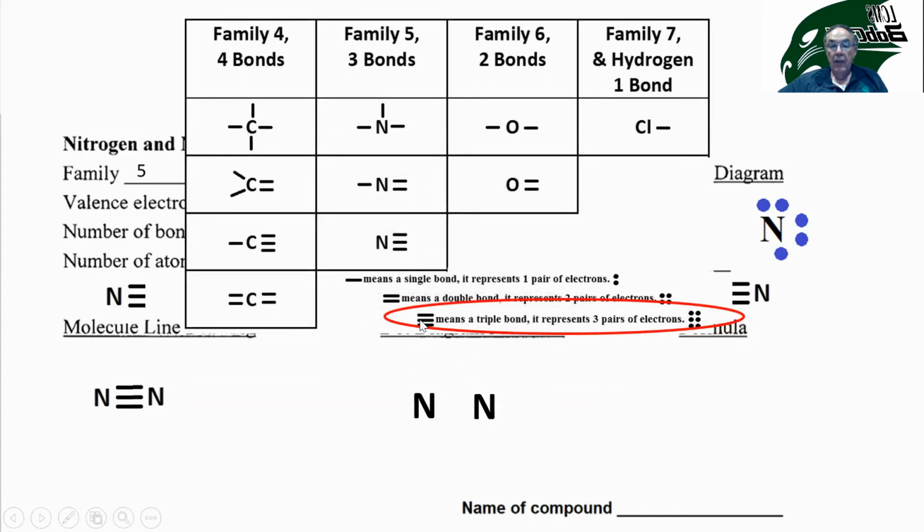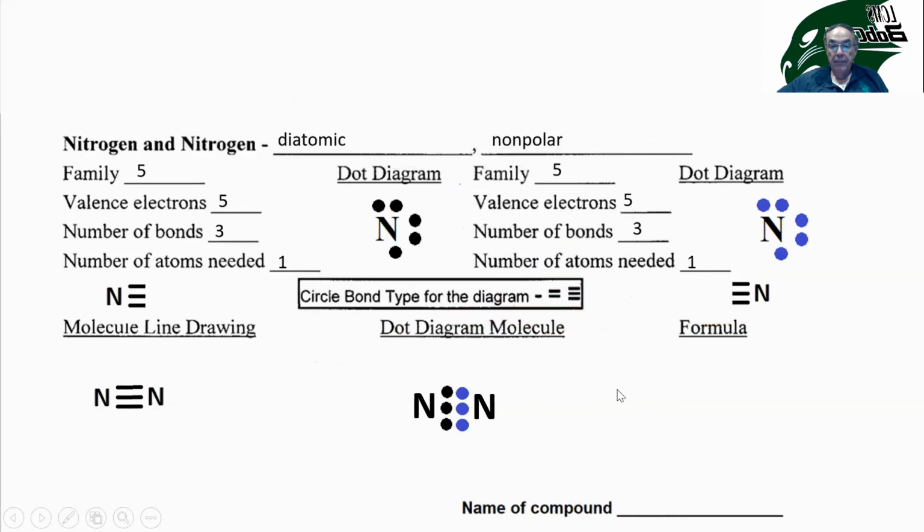We look at the chart, triple bond, which is what we have, represents 6 electrons, 3 pairs, one electron from this nitrogen and one from this nitrogen in each pair. So we're going to go ahead and put the bond right in here. There's the 3 electrons from the nitrogen on the left, and 3 from the nitrogen on the right. And we complete the dot diagram.